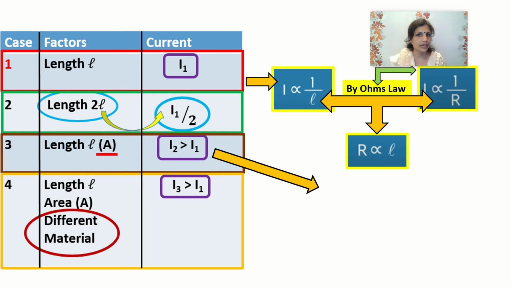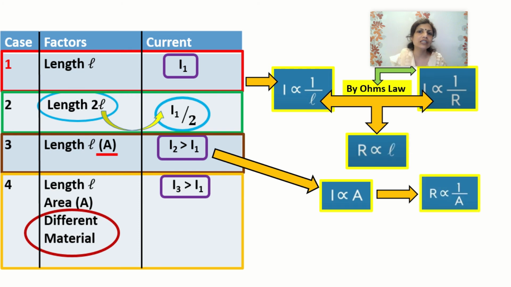So from that we can say that current is directly proportional to the area of cross section of the wire, and hence the resistance of the conductor is inversely proportional to the area of cross section. As you increase the area of cross section, current increases, and current increases means what? There is less resistance.